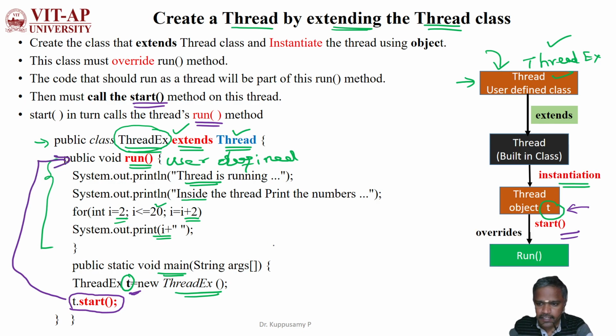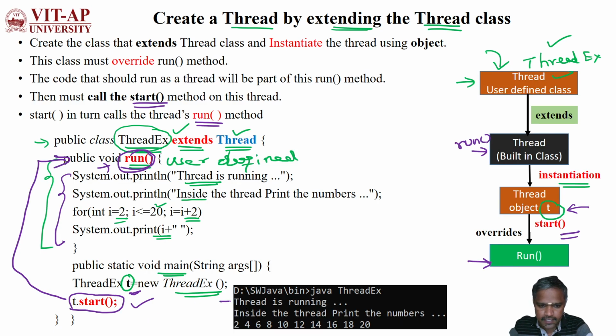This run method is overriding the built-in method which is available here. The built-in method run will be overridden by the user-defined method run. The user-defined method has some number of statements, right? So the Java virtual machine implicitly calls this run method once you invoke the start method for the thread.